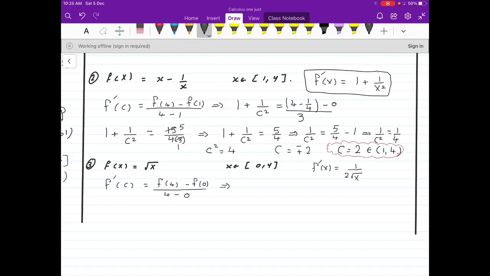So, f prime of c, 1 over 2 the square root of c = f4 2 minus 0 over 4 minus 0, 4. So, 4 = 4 the square root of c. ومنها the square root of c = 1. So, to get the value of c = 1. هل 1 belongs to the open interval 0, 4? Yes.